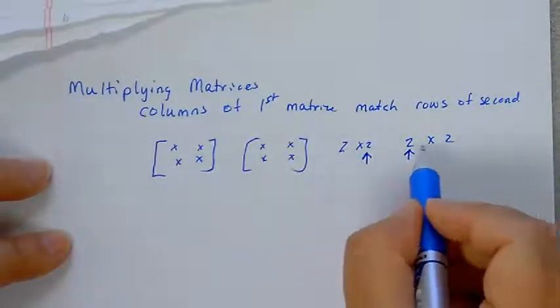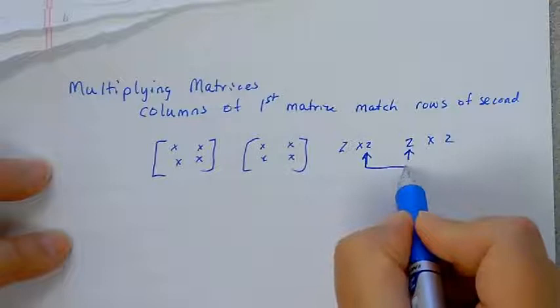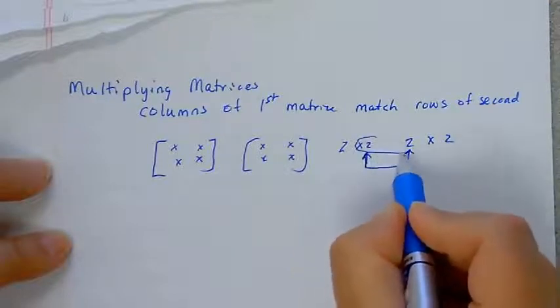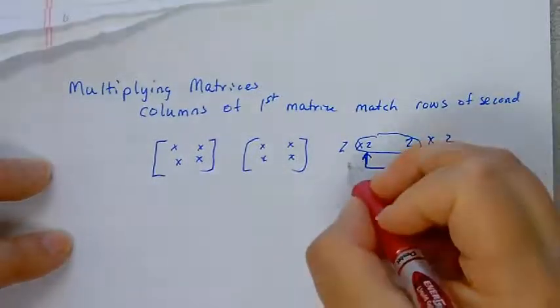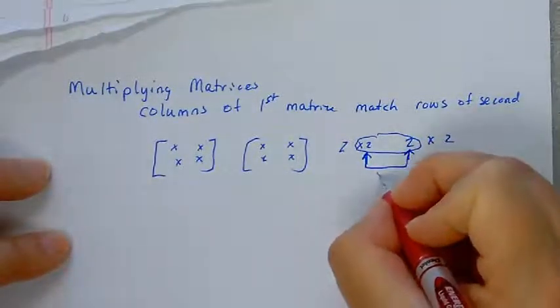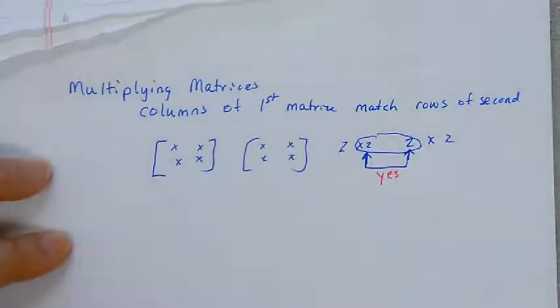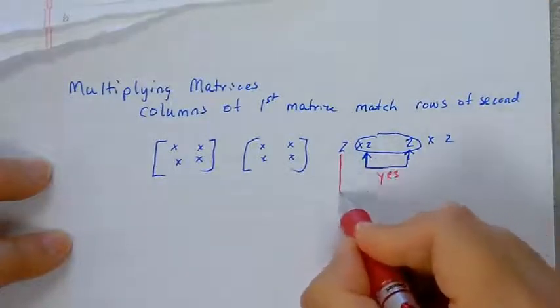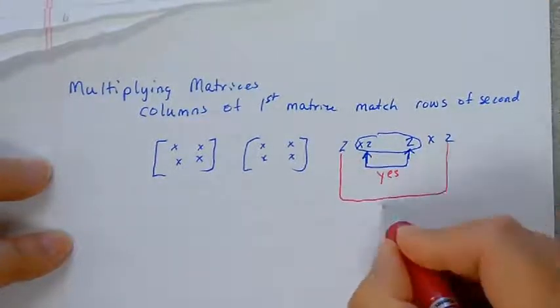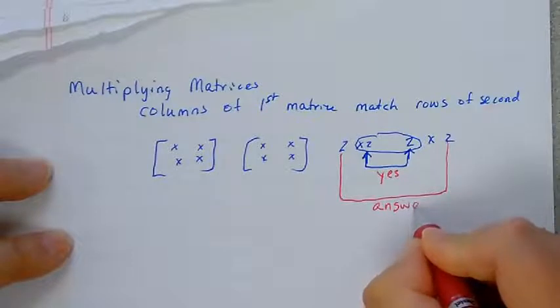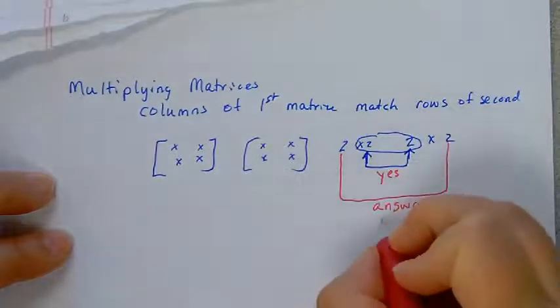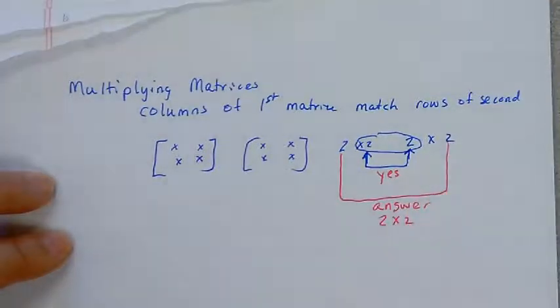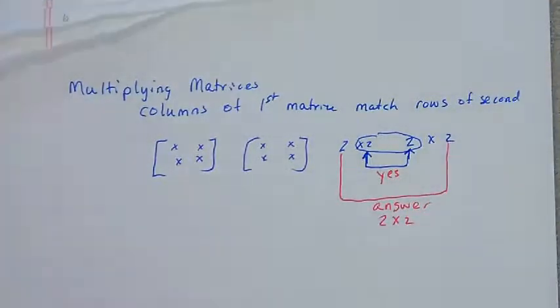So I'm always going to write them out like this and look to see if these two numbers are the same. If these two numbers are the same, this means I can multiply. And since I can multiply, then using these two numbers is going to be my answer. So when I multiply a 2 by 2 times a 2 by 2, I get an answer that is a 2 by 2. I'll show you how to work one.